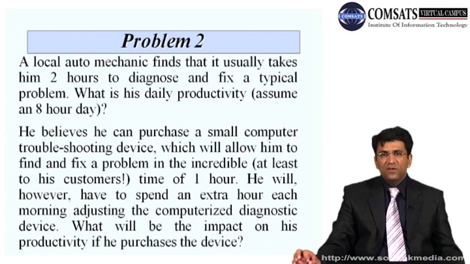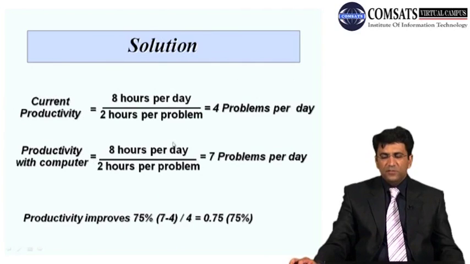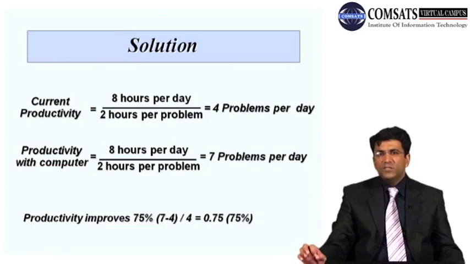So he can solve 7 problems in a day now. So this is his new productivity, that is 4 problems per day, 7 problems per day. And again, the improvement in productivity is equal to new productivity minus old productivity divided by old productivity multiplied by 100. This will be equal to 75%. So by using that particular device or the software, he was able to improve his productivity by 75%.